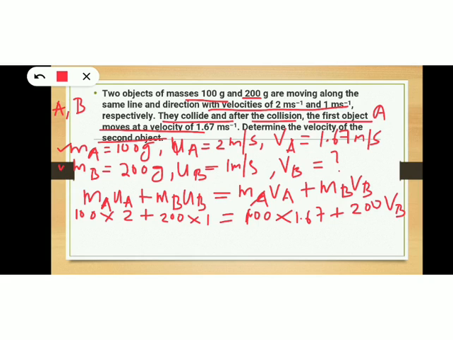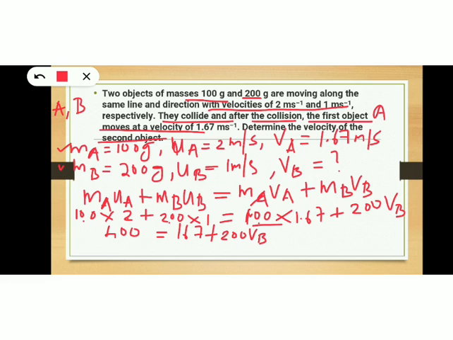We don't know the value of VB, we should find out VB. Now here simplify, 100 into 2 is 200, 200 plus again 200 into 1, 200. So 200 plus 200 is 400 equal to 100 into 1.67 is 167 plus 200 VB. Okay.